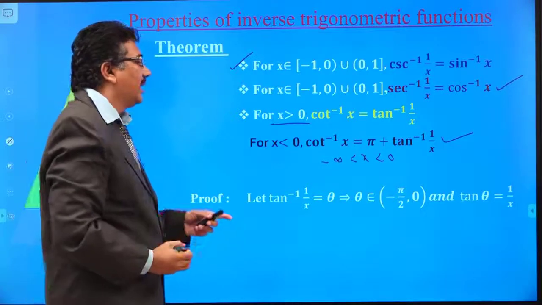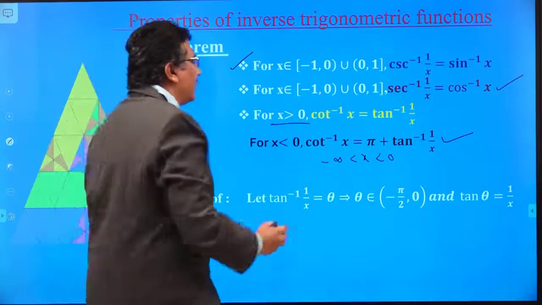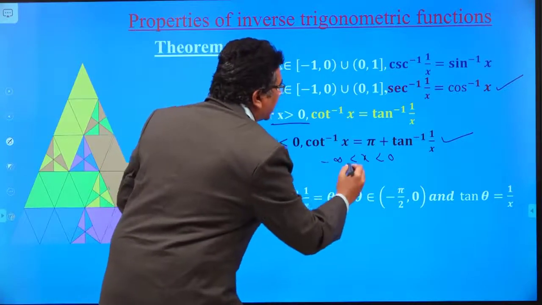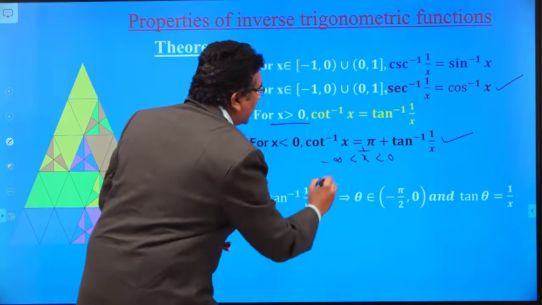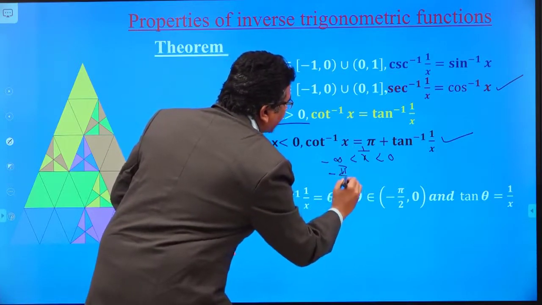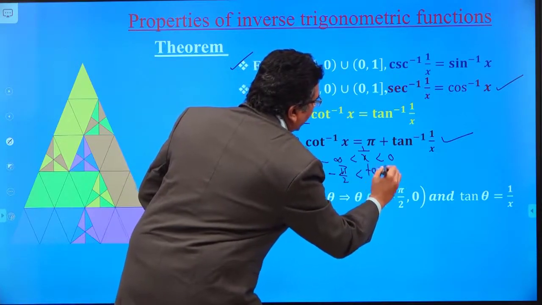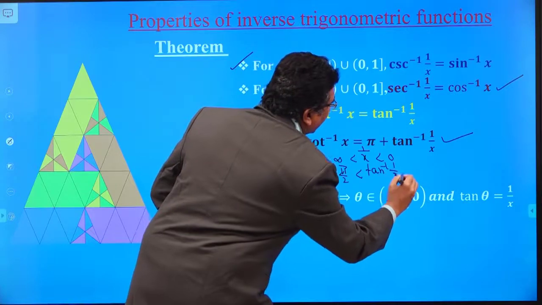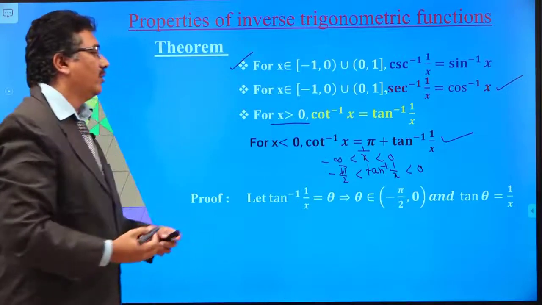Apply tan inverse: tan inverse of minus infinity is minus pi by 2, so minus pi by 2 is less than tan inverse 1 by x, which is less than tan inverse 0, that is equal to 0.